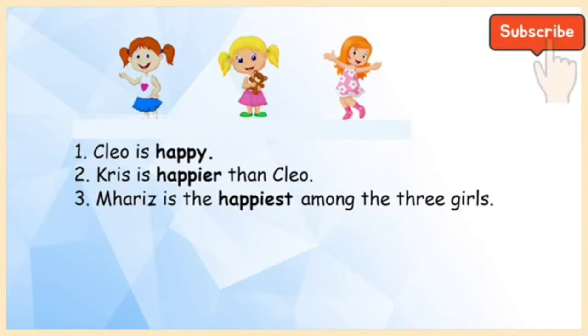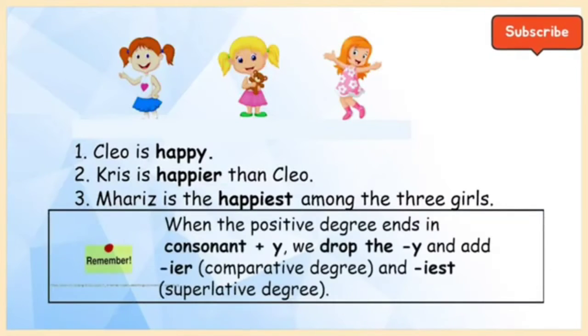In sentence 3, for superlative degree, what is added to the word happy? When the positive degree ends in consonant plus Y, we drop the Y and add IER for comparative degree and IEST for superlative degree.